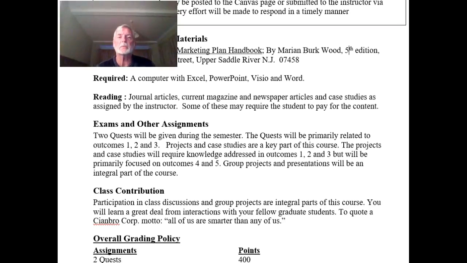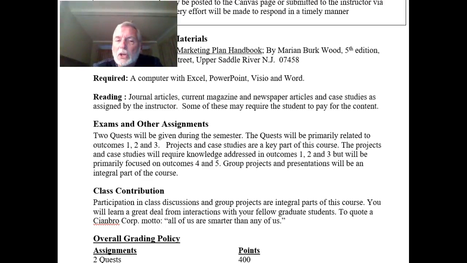In terms of assessment, you'll have 2 quests during the semester. I call my tests and/or quizzes quests because a long time ago an undergraduate student got tired of me using both words, quiz and test. He said, which is it? And then it's actually a she, and she suggested that I use the word quest instead of test or quiz, and I find that pretty effective.